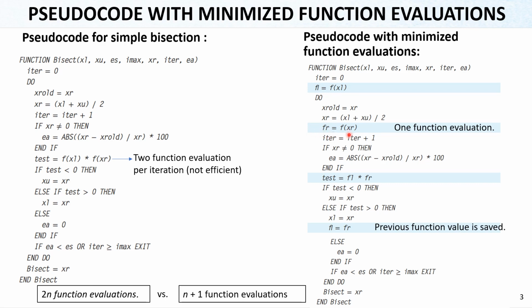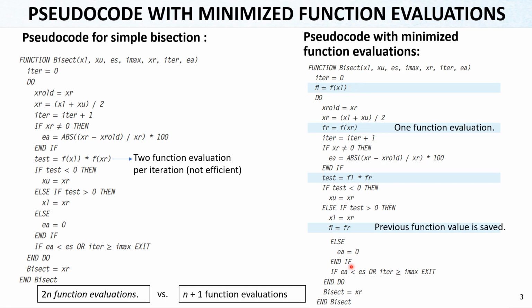Then we will have only one function evaluation, and only the new XR, the midpoint, will be used to calculate the function value, and we will test using the previously saved FL value times FR. So the previous function value is saved already here.